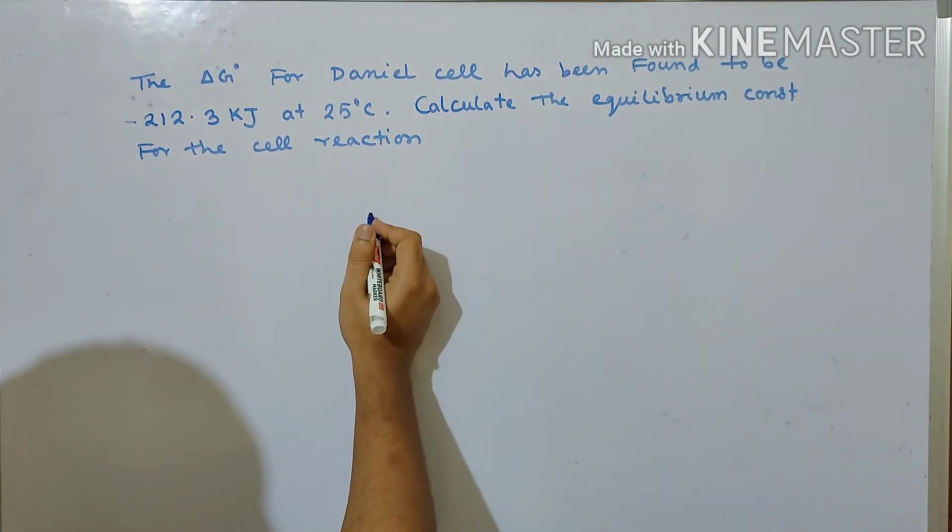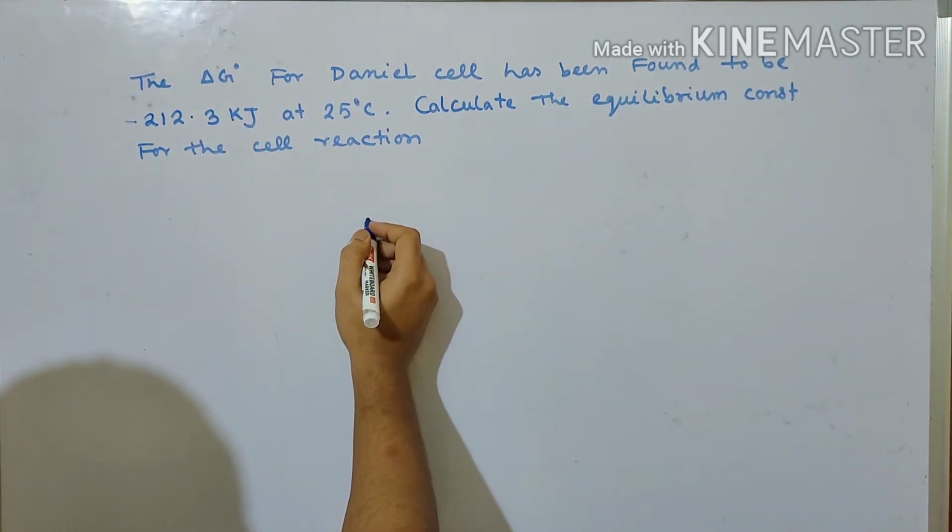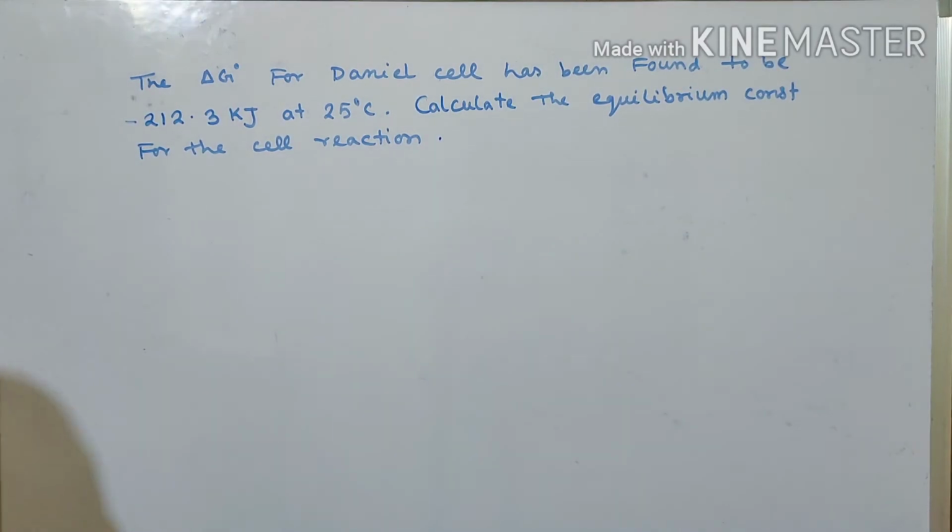The cell reaction is not mentioned, only this much is given. Let's see whether it is required or not. So delta G0 is already obtained, which is found to be minus 212.3 kilojoule.